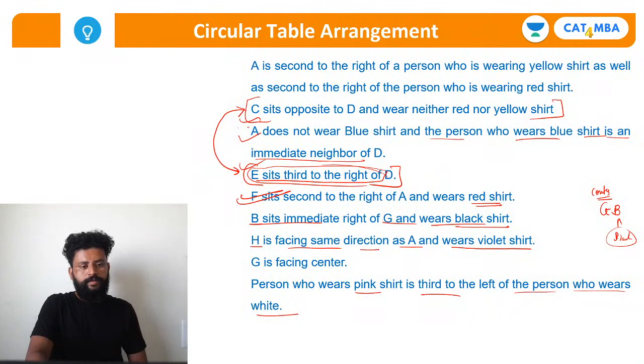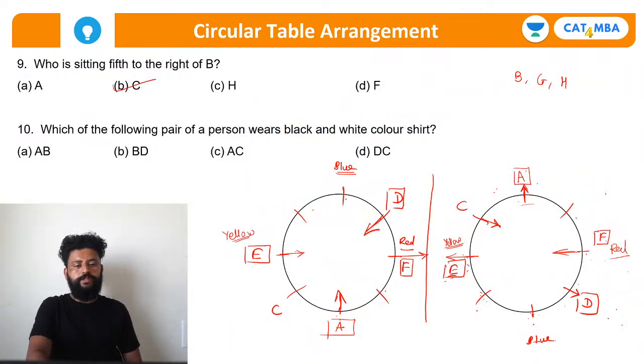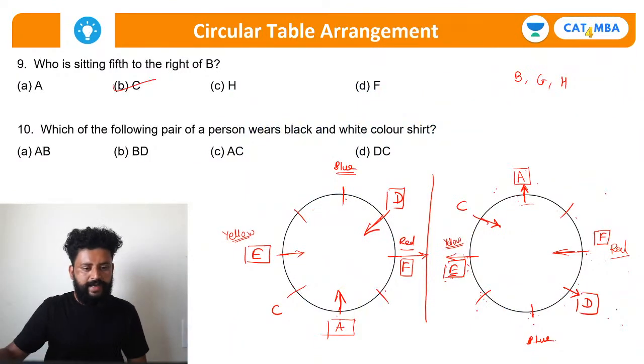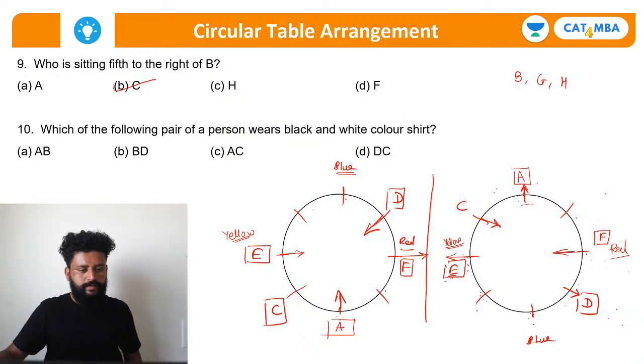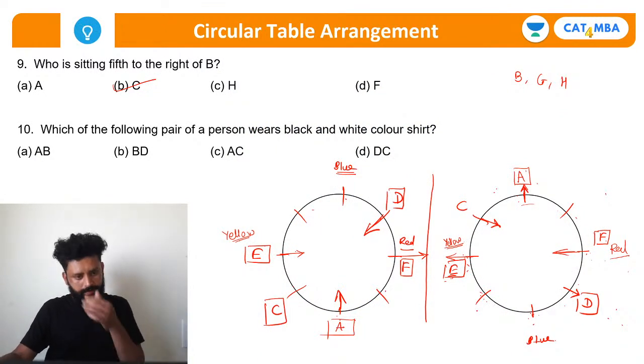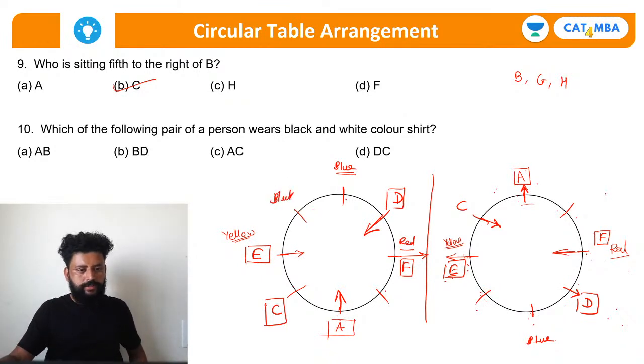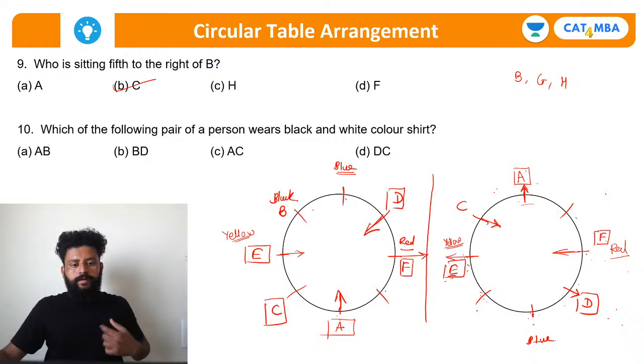Then we have B sits immediate right of G and wears black shirt. B sits immediate right of G, wears black shirt. So this must be black, must be B. Then this must be black.